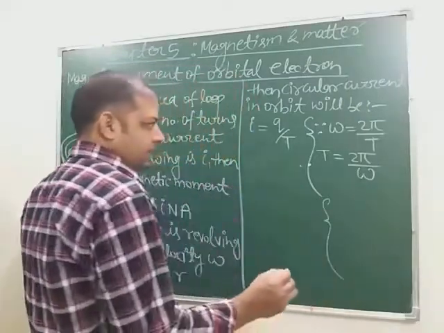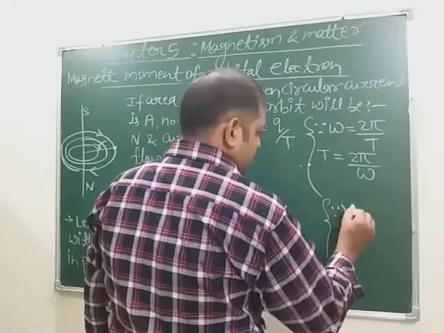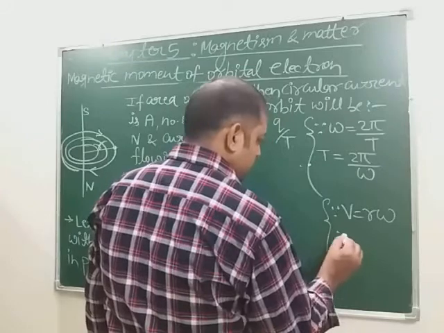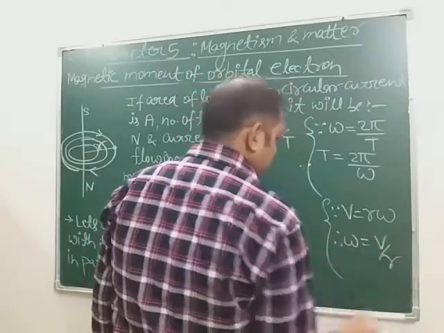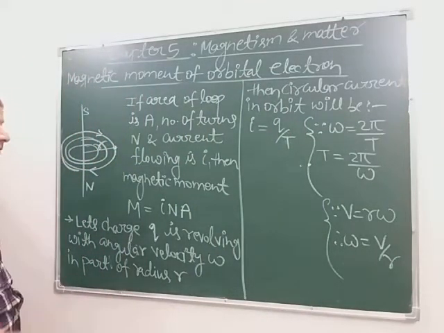And we can also write that since v is equal to r omega, therefore omega is equal to v upon r, where v is linear velocity.